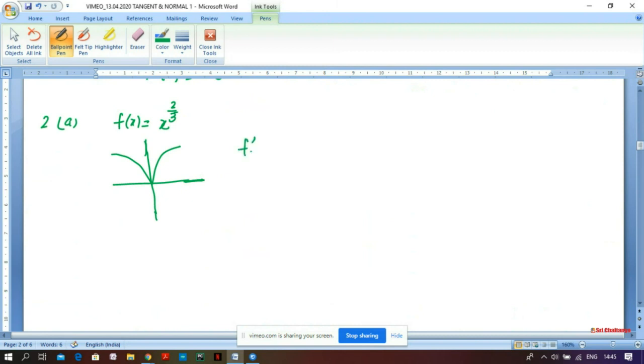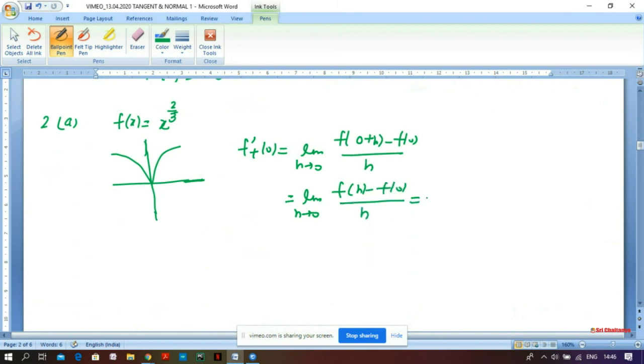So f prime plus 0 by definition is limit h tends to 0, f of 0 plus h minus f of 0 over h. So limit h tends to 0, f of h minus f of 0 over h. Obviously, f of h is h to the power 2 over 3, f of 0 is 0, over h.